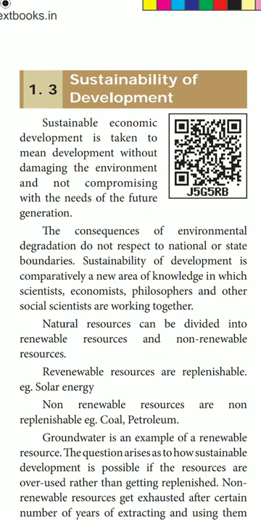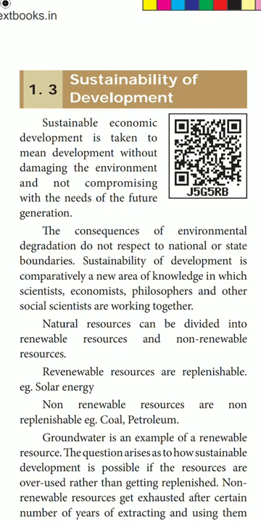Natural resources can be divided into 2 types. What are the 2 types of natural resources? Renewable resources and non-renewable resources. You all know renewable resources are replenishable, example solar energy. Non-renewable resources are non-replenishable. Renewable resources we can use again and again. At the same time, non-renewable resources we can't use again and again.